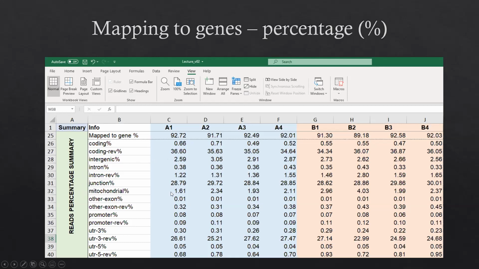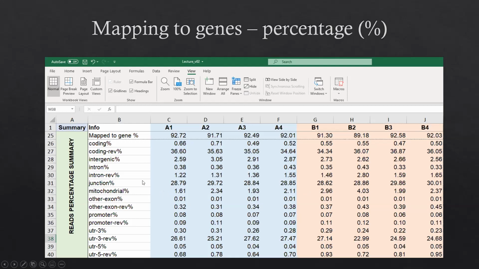In this case, all the mitochondrial percentages are pretty low, except one sample, B2, which is a little bit higher at 4%, but in general all are under 5%, which is good. If you find a higher mitochondrial percentage, like 10% or even much higher, 20 or 30%, then you have to check the sequence quality as well.